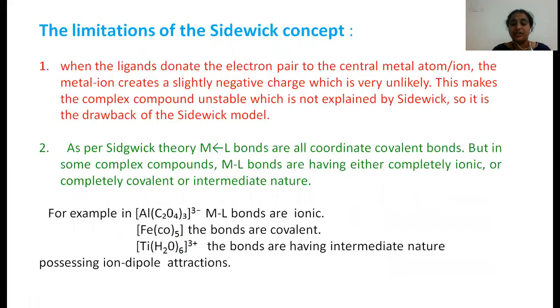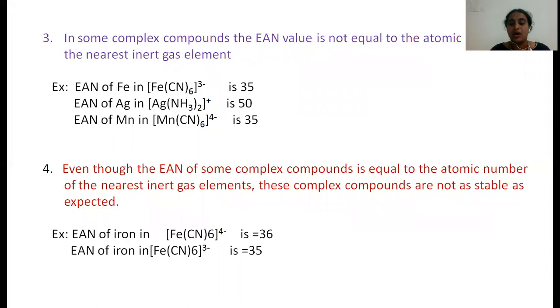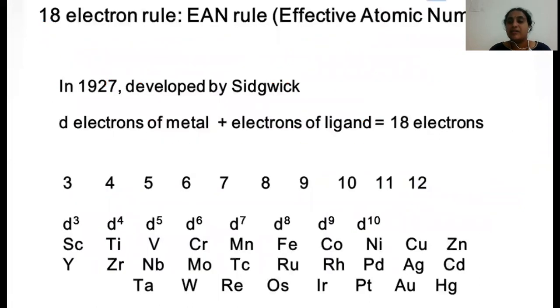Like this, Sidgwick explained that the coordinate bond is formed between metal and ligand. All the ligands donate electrons to the metal and form the coordinate covalent bond. He also explained the EAN. EAN is nothing but the effective atomic number. Based on the effective atomic number, he explained whether a complex is stable or not, and whether it is diamagnetic or paramagnetic.